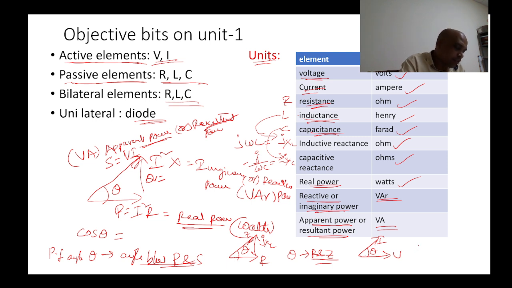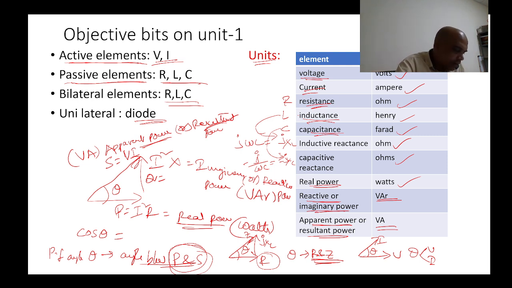It can be defined with respect to powers, impedance, or voltage and current. So this is nothing but the power factor angle.